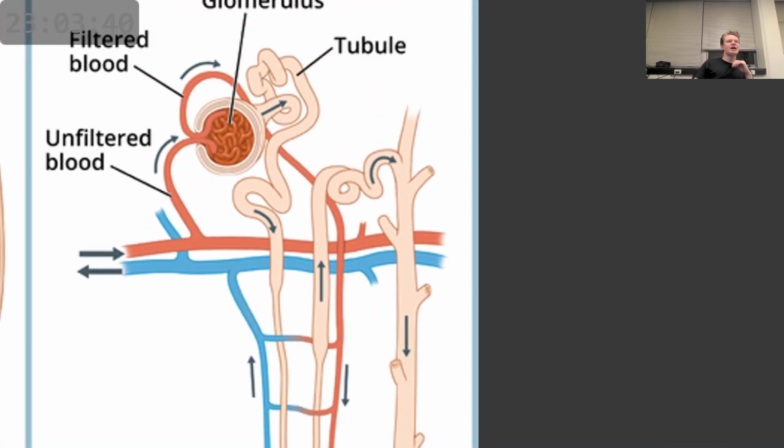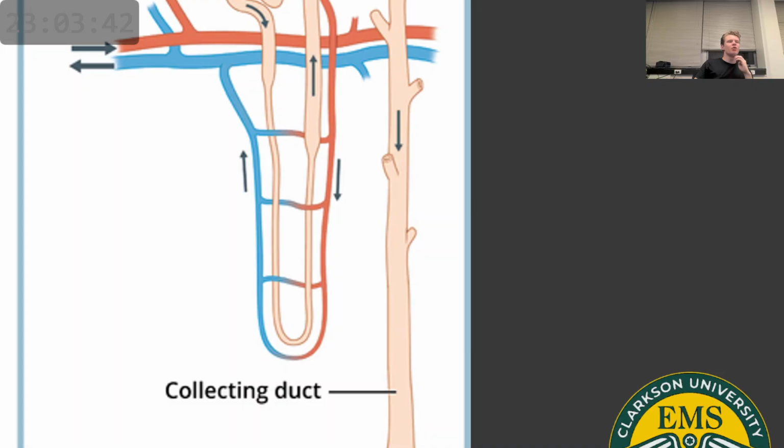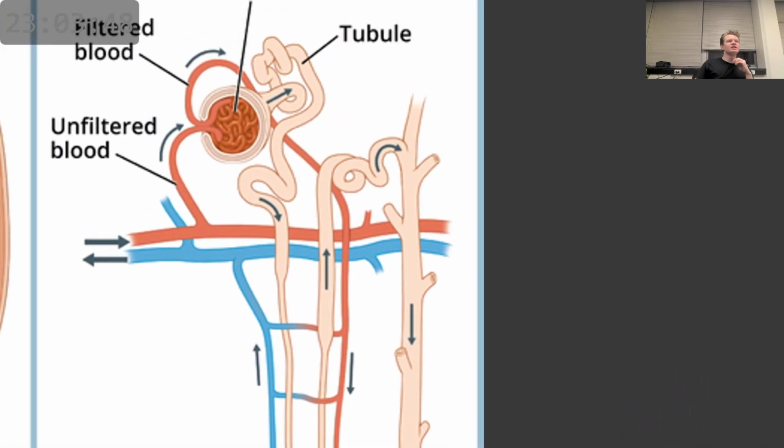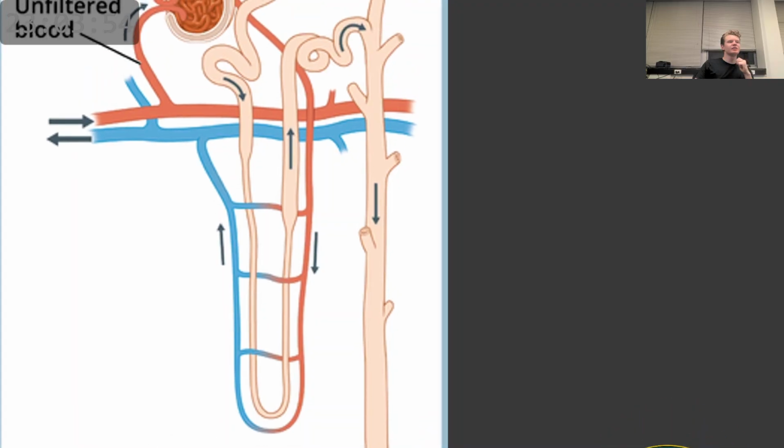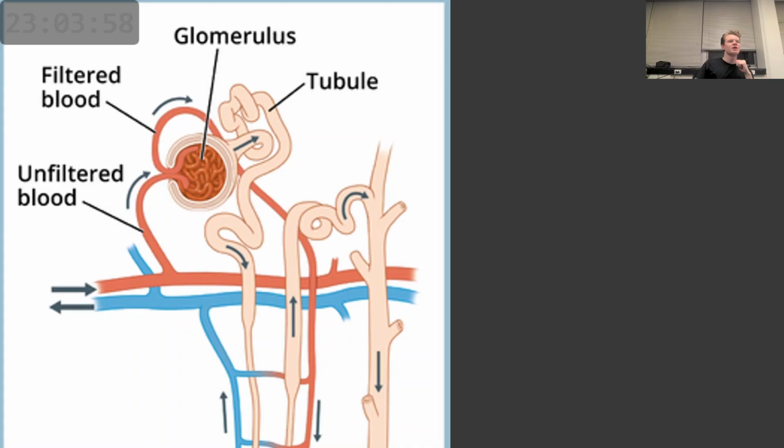And we can see that this distal arteriole is sort of linked up with this venule right here in several places. So this right here is called the loop of Henle. It's this little loop of this tube right here, leading up to the coming off of the glomerulus.